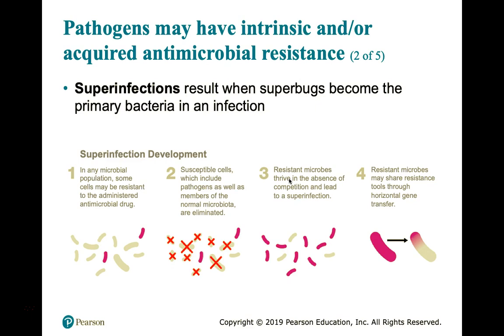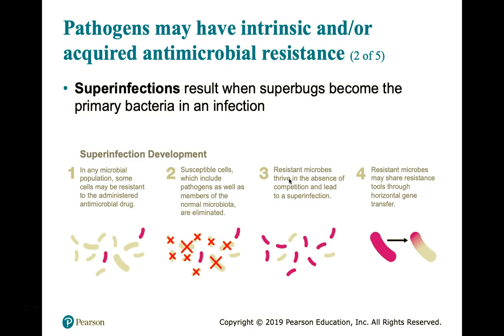We mentioned evolution through natural selection and how introducing an antibiotic, if you don't take the whole thing, if it's the wrong concentration, it can cause these bacteria to develop resistance.